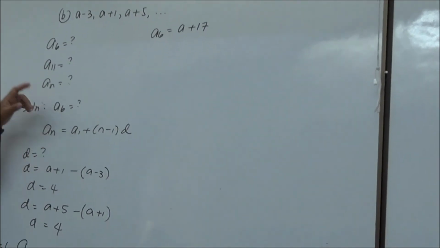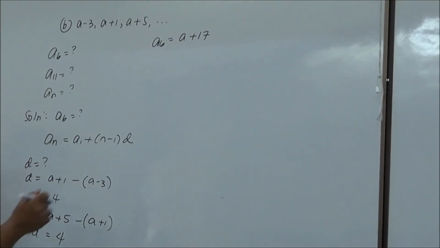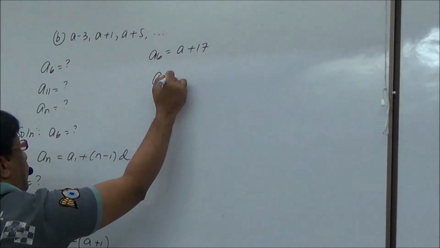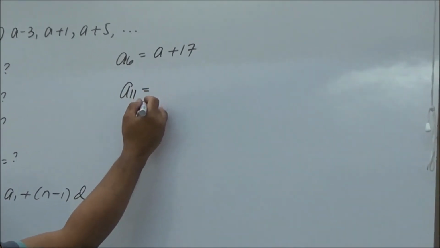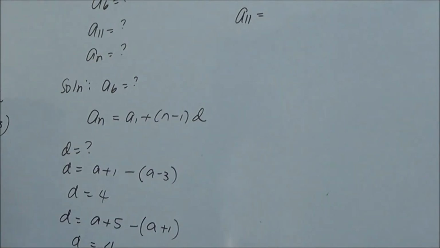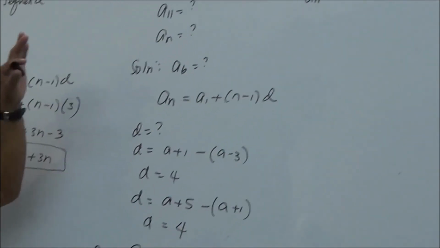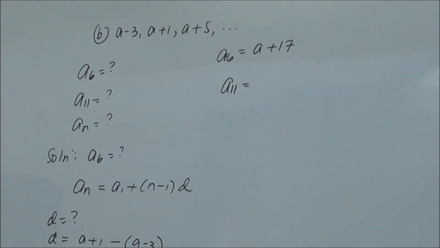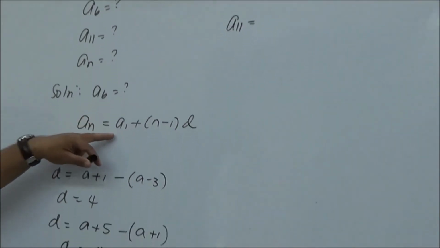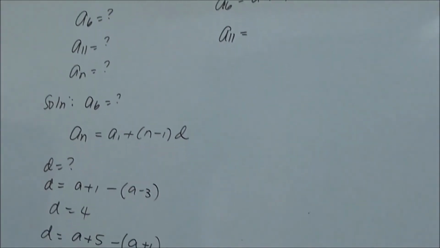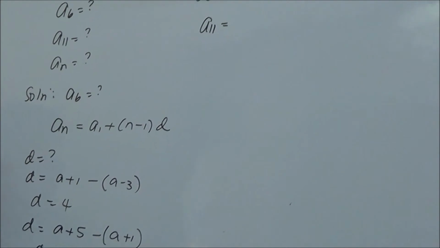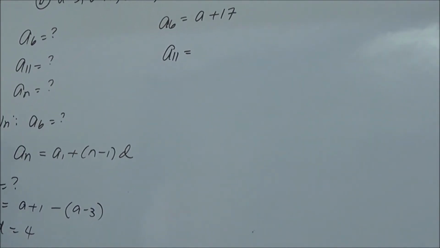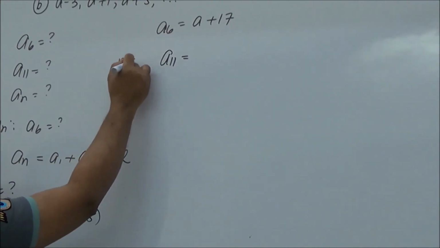So, what's next? Let us now define a11. For us to define a11, we have the formula again, which is a1 plus n minus 1 times d. We have already found the value for the common difference d. You can identify a1. So that we can now identify the 11th term. Of course, n equals 11 here.